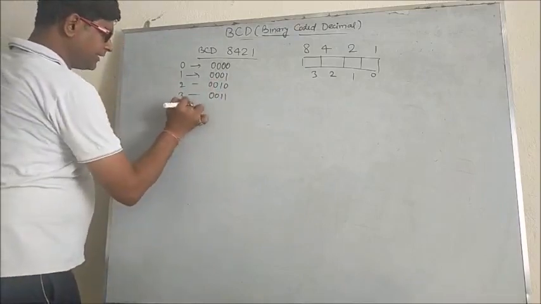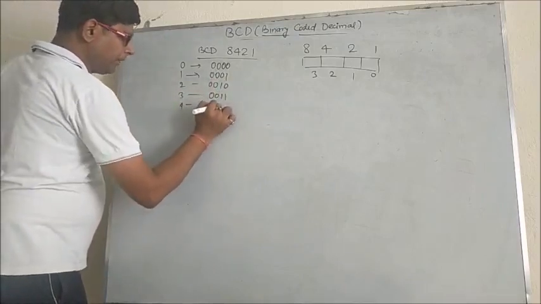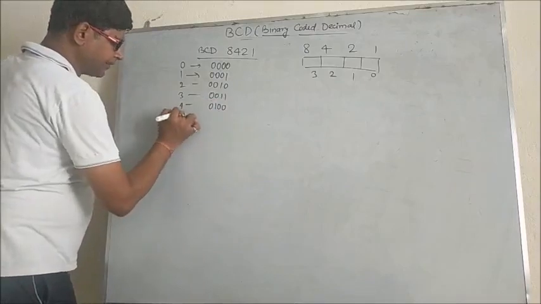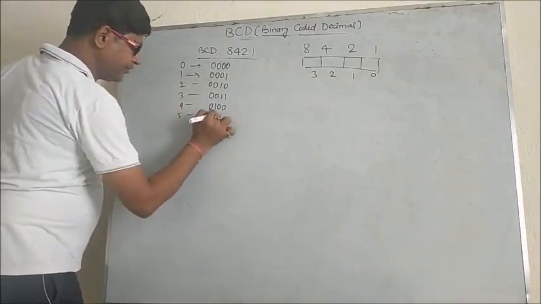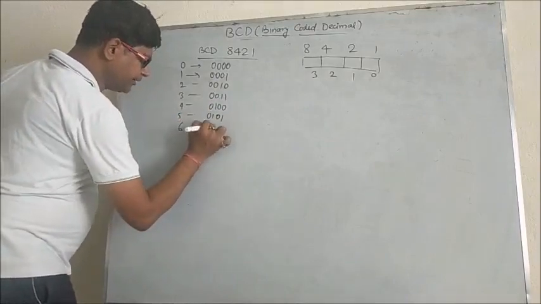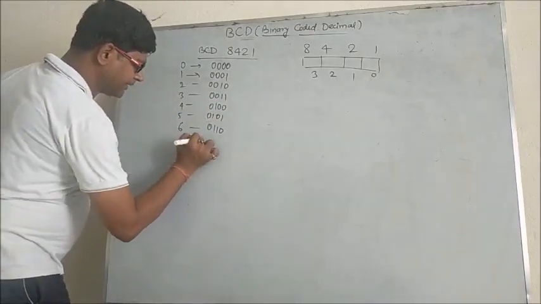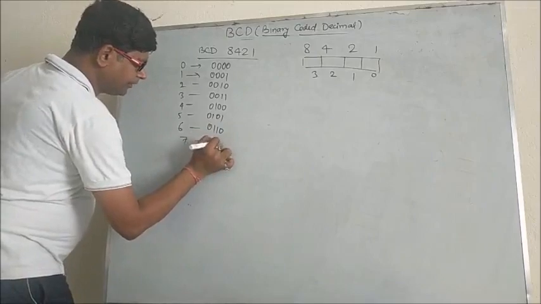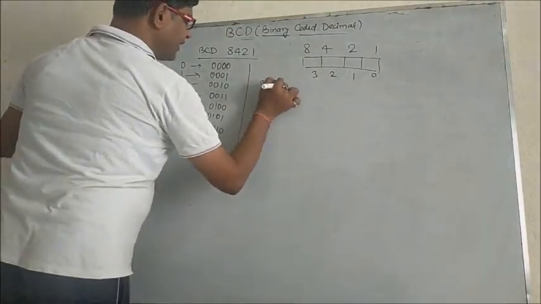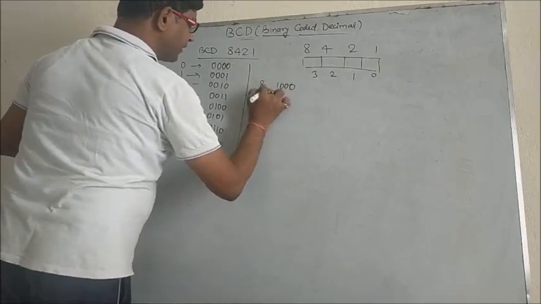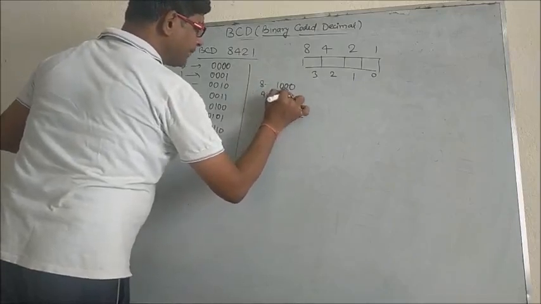For 4, it is 0100. For 5, it is 0101. For 6 it is 0110. For 7 it is 0111. For 8 it is 1000. For 9 it is 1001.